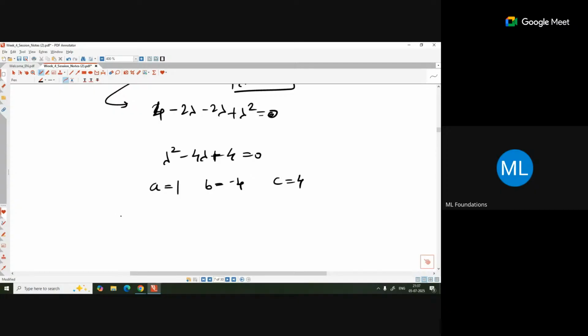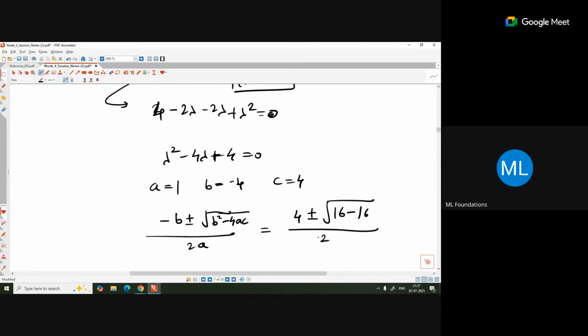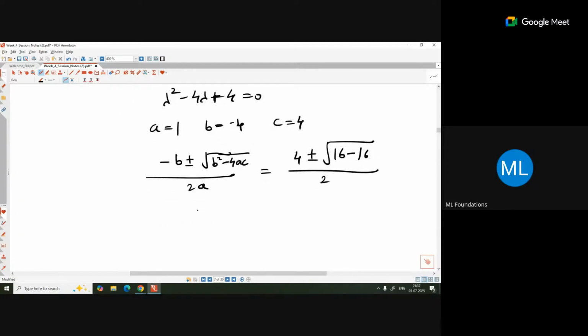The roots are minus b plus minus root of b square minus 4ac, by 2a. Minus b is plus 4, plus minus root of 16 minus 16, divided by 2. So you get 4 plus minus 0 by 2, and that means 2 comma 2, right?